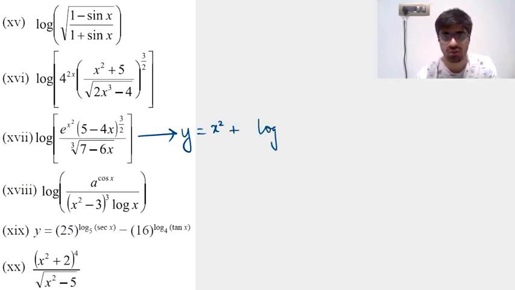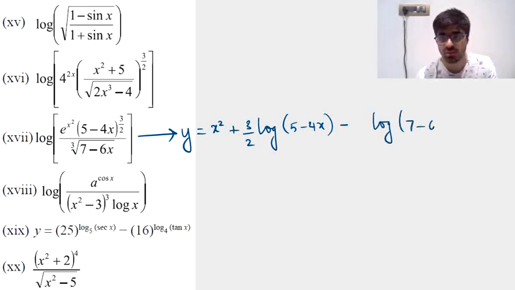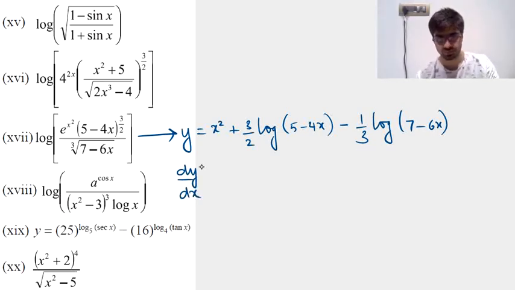So you have log of 5 minus 4x. That power 3 by 2 comes out, and you have a 3 by 2 here. And the last term will be minus log of 7 minus 6x. Power 1 upon 3, and that 1 upon 3 comes out of the log and can be written as 1 by 3 right here.